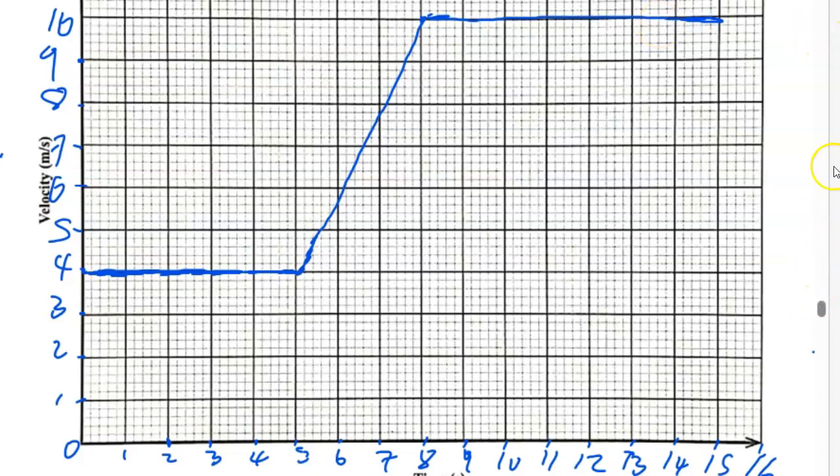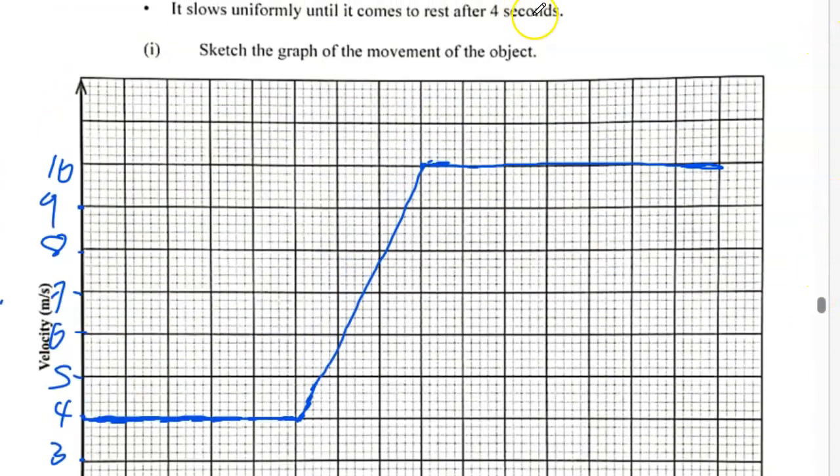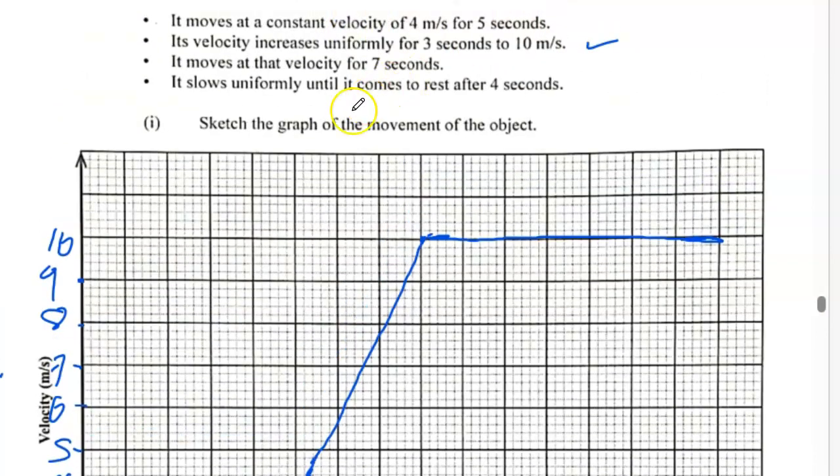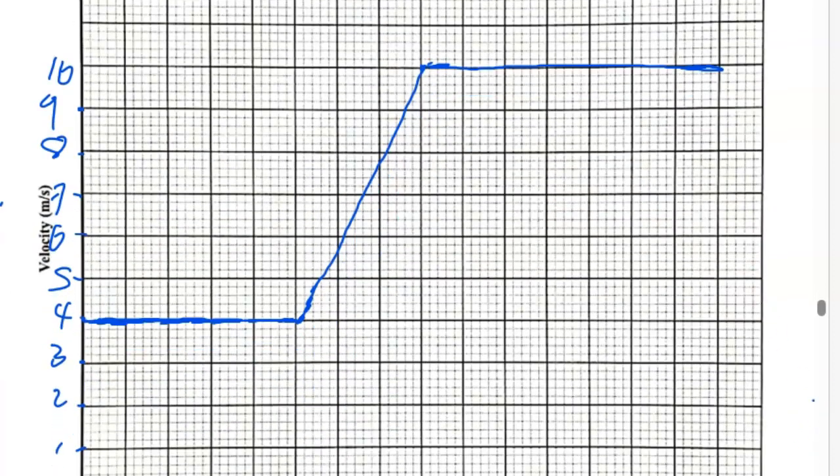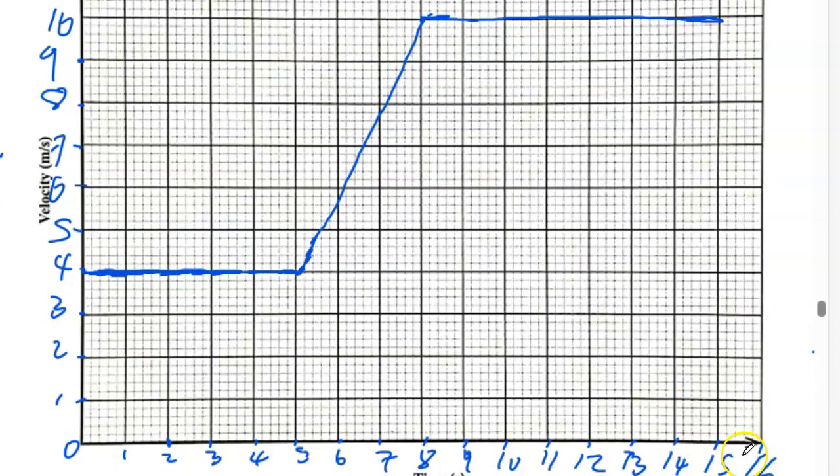Alright, and the final part of the graph, it slows uniformly until it comes to rest after 4 seconds. So 4 more seconds will take me to 19. I should have used a smaller scale, but anyway, it will take me to 19.